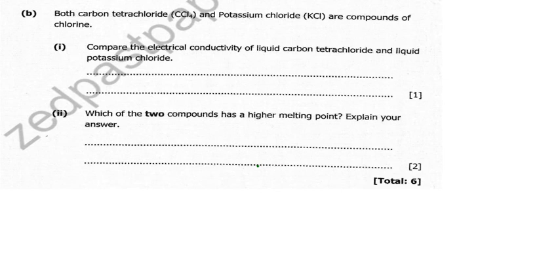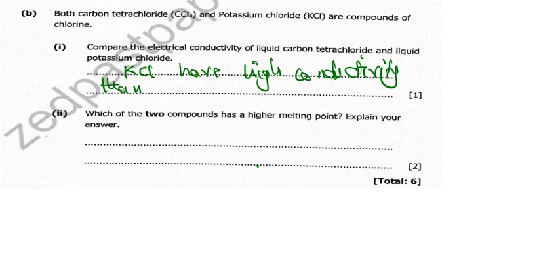When you are comparing electrical conductivity, it is well known that an ionic compound will conduct electricity better than a covalent compound. So in short, we just say potassium chloride has higher conductivity than carbon tetrachloride. That's all.